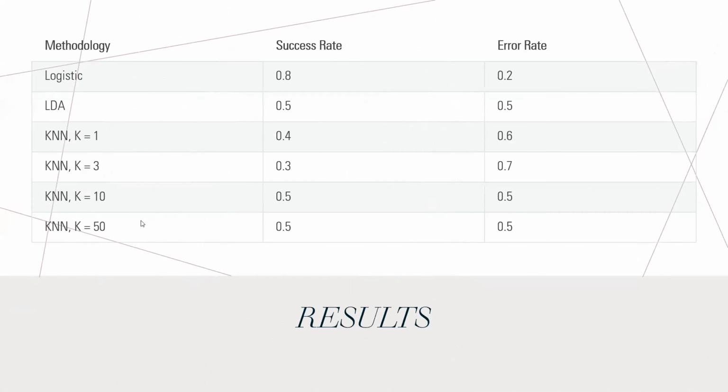So let's look at the results. Logistic actually had the best result at an 80% success rate with a 20% failure. LDA had 50%. KNN for 1 and 3 did really poorly, while KNN at 10 and 50 did the same as LDA.